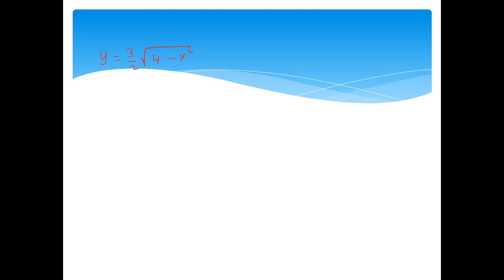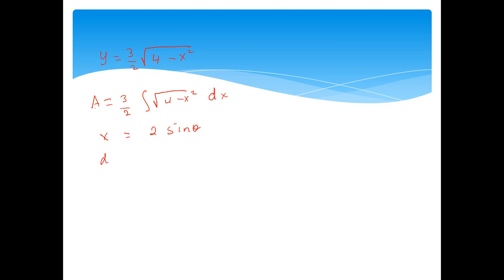Okay, and now we're going to say the area, where area is under the curve. This curve is going to be equal to 3 over 2 integral of square root of 4 minus x squared dx. Then we do the substitution. x is equal to 2 sine theta.